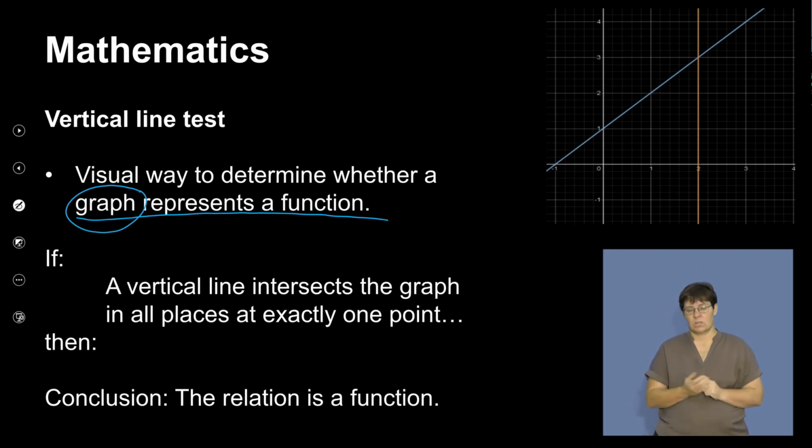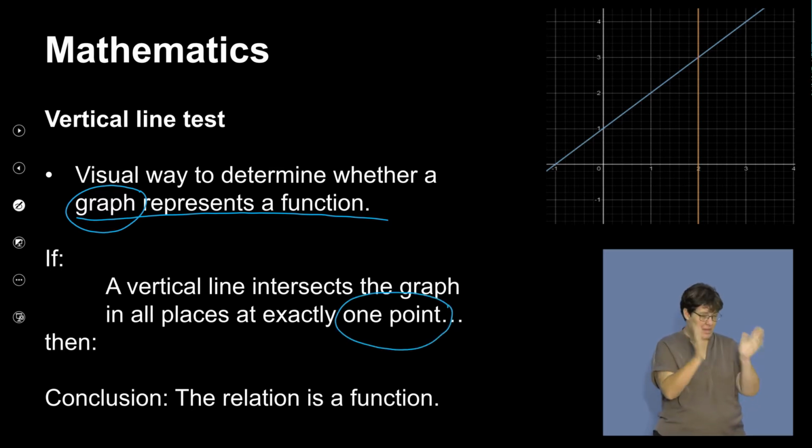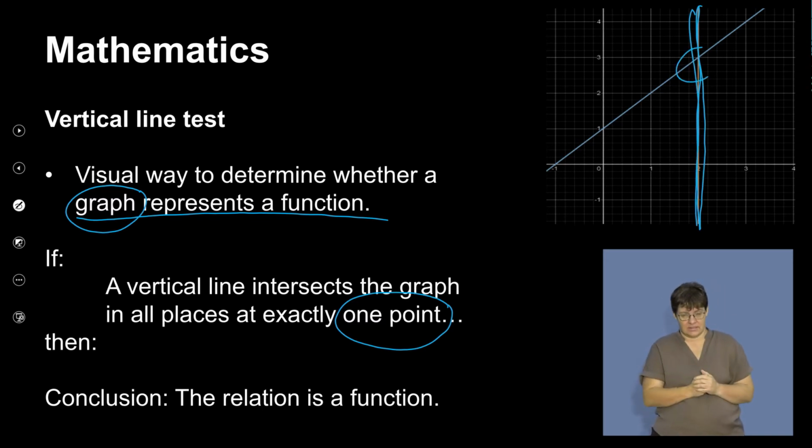So for me to show you when it is a function, a vertical line intersects the graph in all places at exactly 1 point. If it is only at 1 point where my vertical line test, which is this line here, intersects this particular graph, so you can see it intersected there.